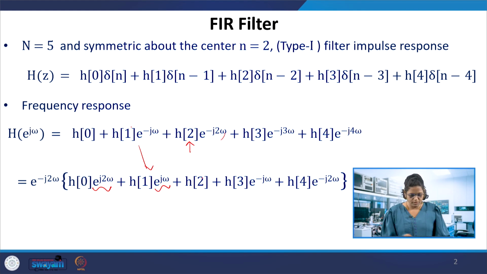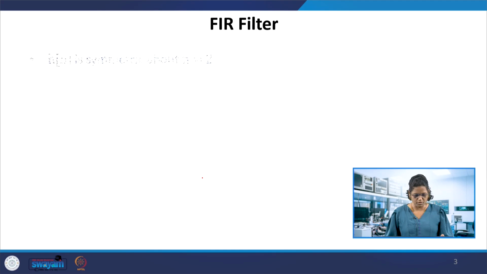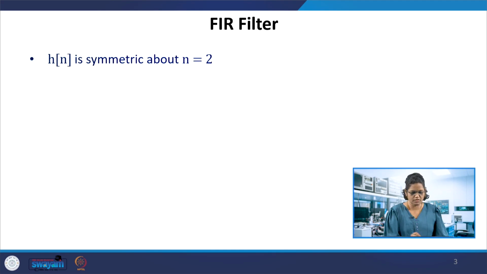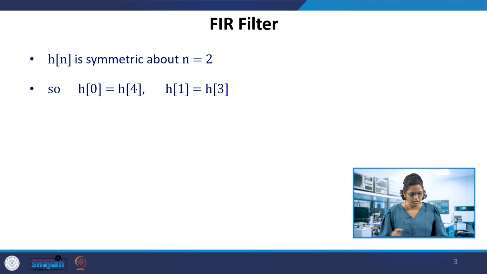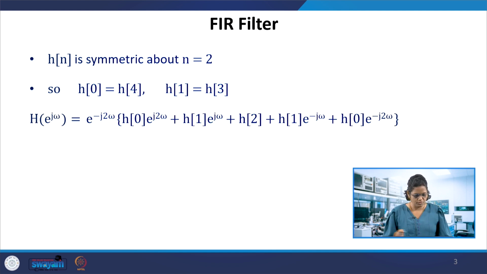Now the coefficients are set such that h of n is symmetric about n equal to 2, that means h0 and h4, the first and the last coefficient, would be the same, and h1 and h3 around h of 2 will be equal. So in that case, H of e power j omega, that is the frequency response, equals this equation, where we have replaced h of 3 with h of 1 and h of 4 with h of 0.